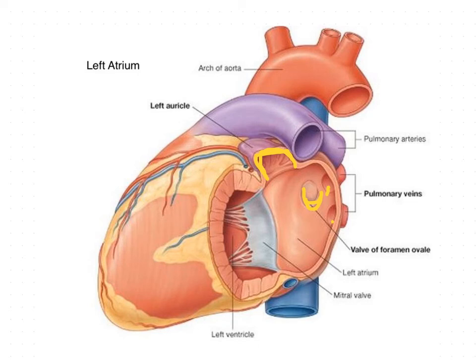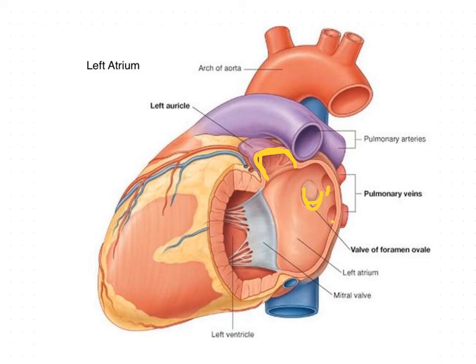The same way, on the same site in the left atrium, there is a fossa in the form of a crescent shape called the fossa lunata, which corresponds to the fossa ovalis.